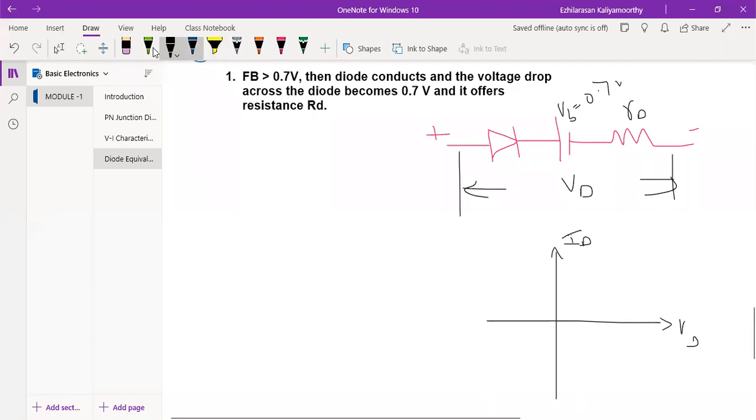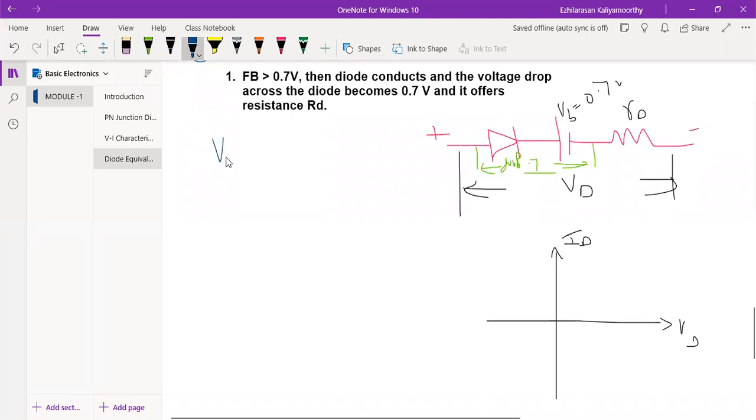That is the drop, 0.7. The diode conducts, and it offers a resistance RD also. Now from this, what is the voltage across the complete VD?